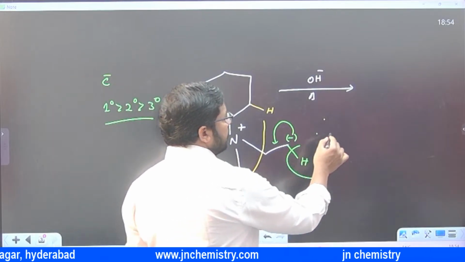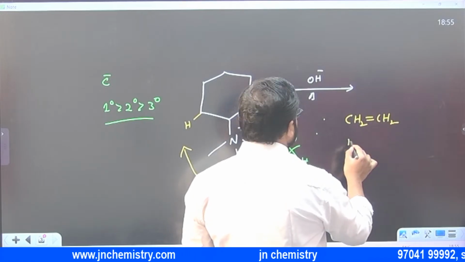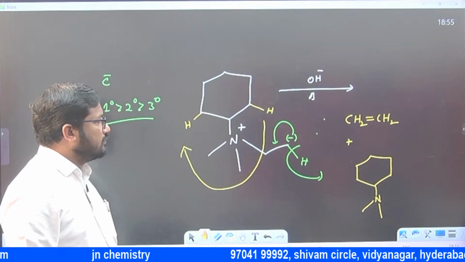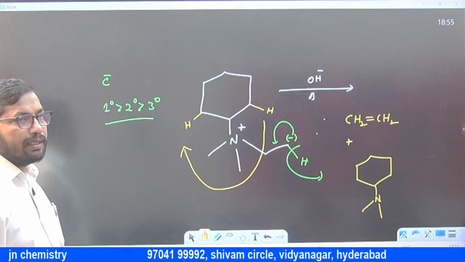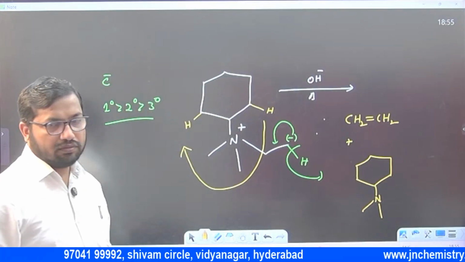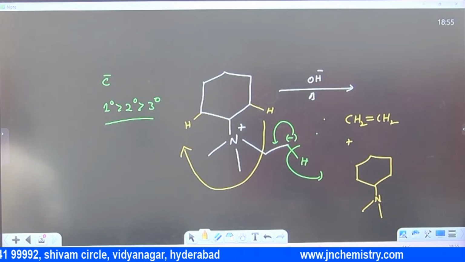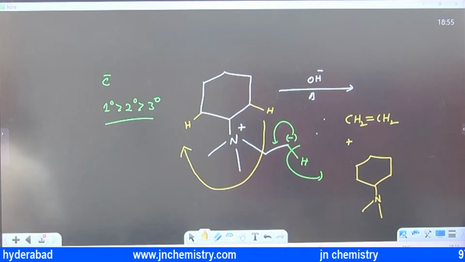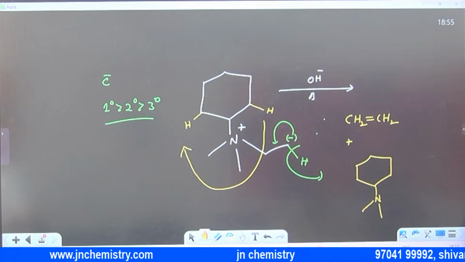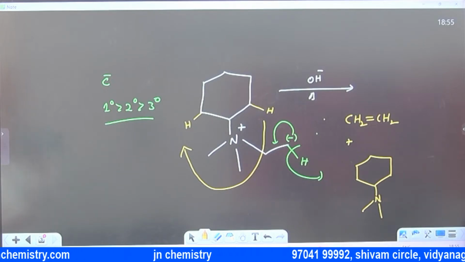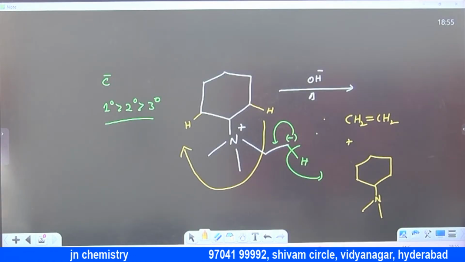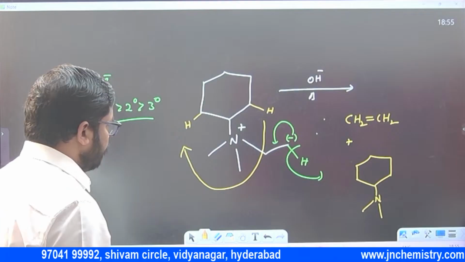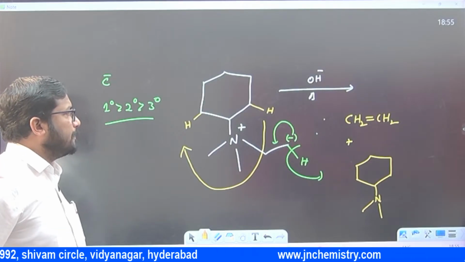So ethene is the major product for us, CH2 double bond CH2, plus the total byproduct is like this. Okay? Don't confuse. Done?